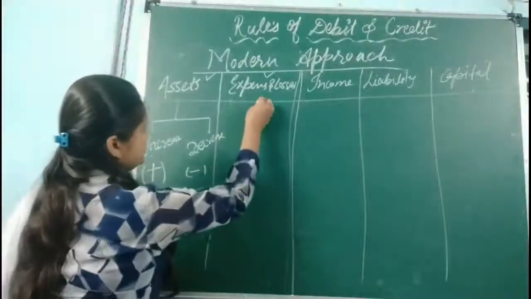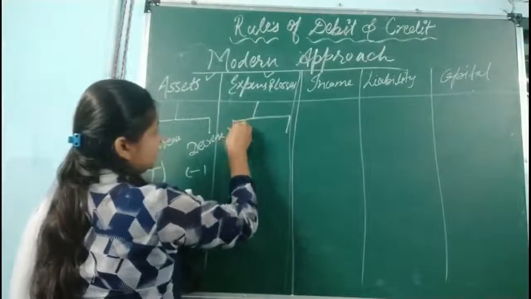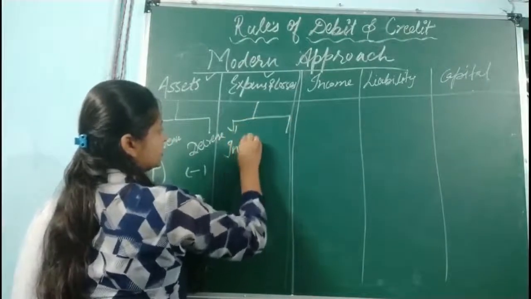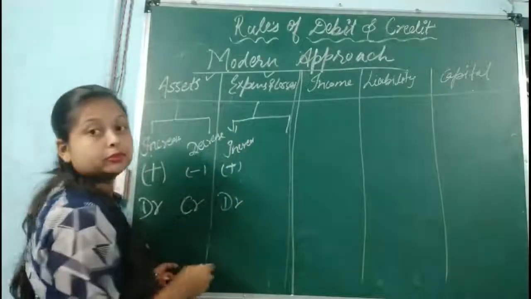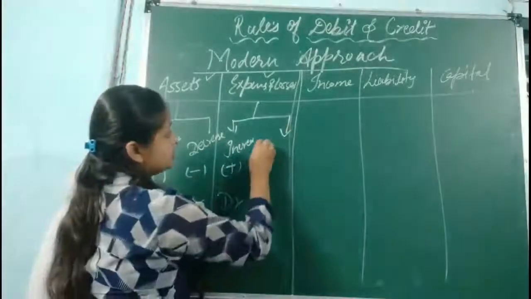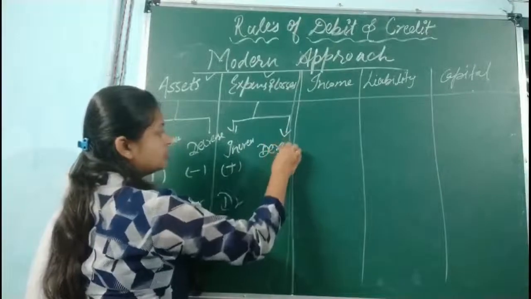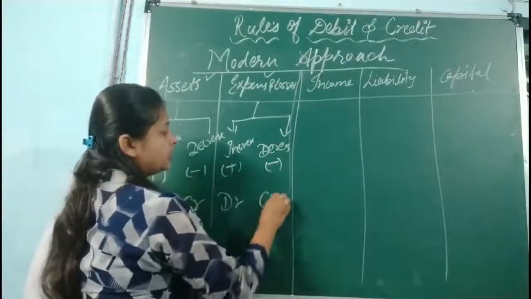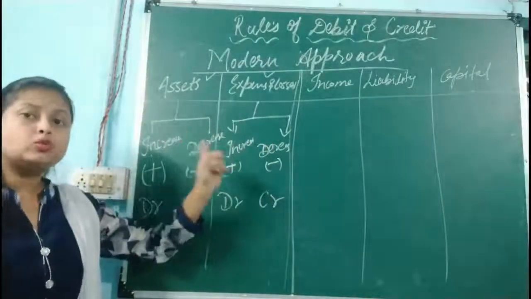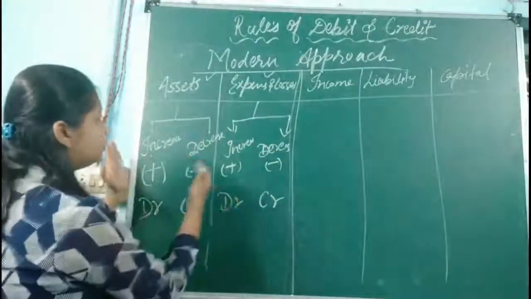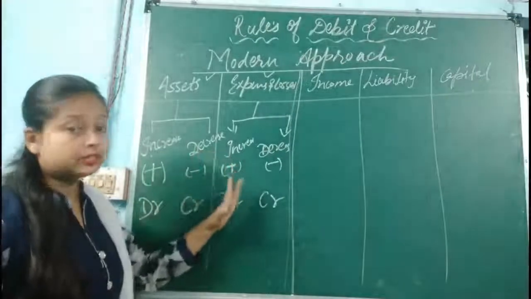If expenses increase, debit we have to do. If expenses decrease, minus, credit we have to do. So both asset and expenses rules are the same, that's why I kept both of these accounts one after the other.